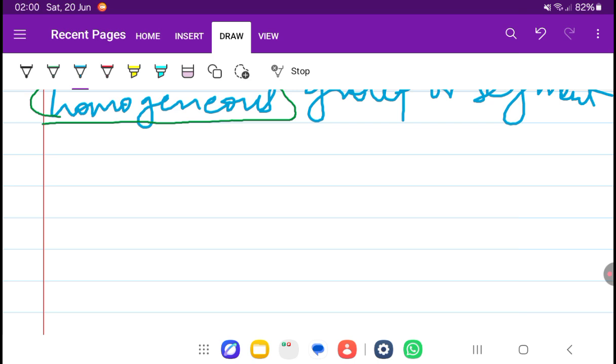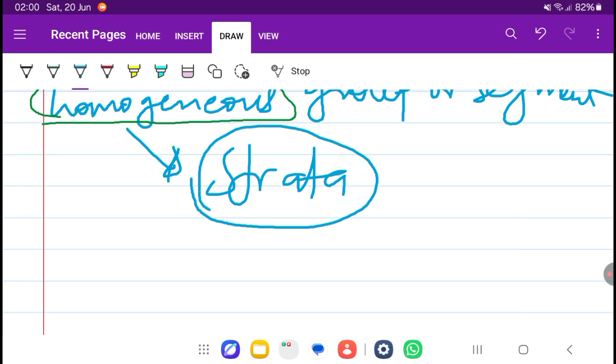So they make sure that if you are studying a country, every tribe is represented. So these homogeneous groups, they are the ones that we call strata, because it is these stratas or groups that form the sample.